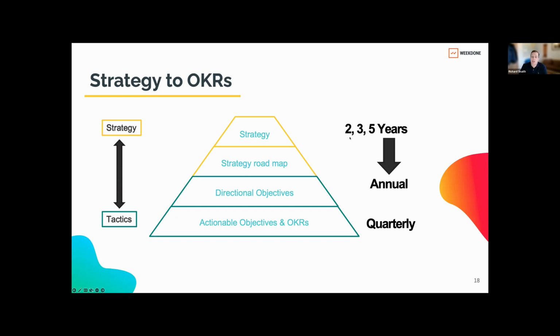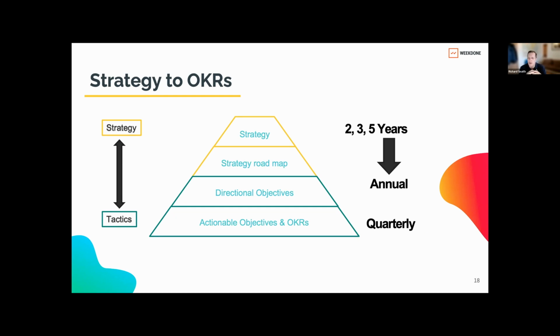Strategy, as I said before, is often on a 2, 3, 5-year horizon, whereas the strategy roadmap to directional objectives, part of the alignment of OKRs, moves down to annual, and actionable objectives and OKRs are set at a quarterly cadence. We've got to take ourselves from a 2, 3, 5-year strategy and deliver down to tactics that the teams and people in the company can relate to.